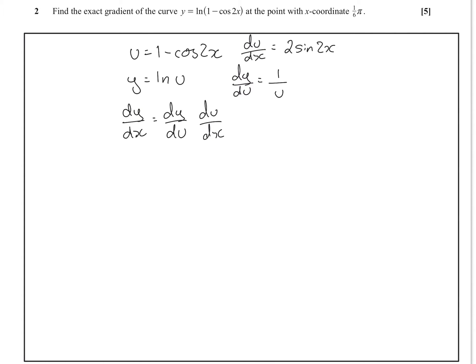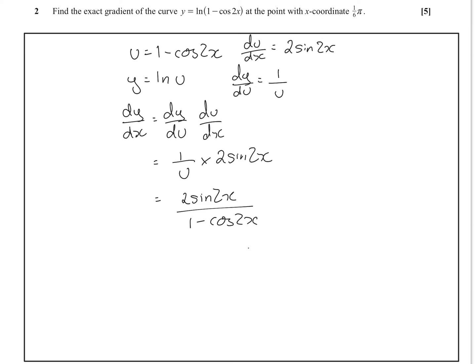So dy by dx is dy by du, that's 1 over u, times du by dx, which is 2 sine 2x. So that's 2 sine 2x, and u is 1 minus cos 2x, so over 1 minus cos 2x.